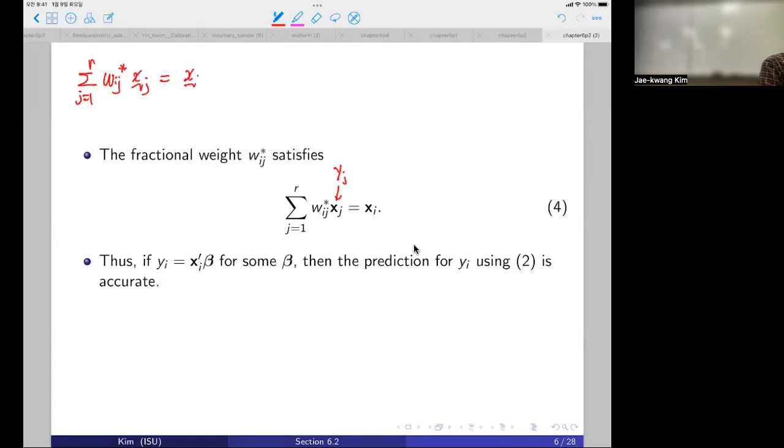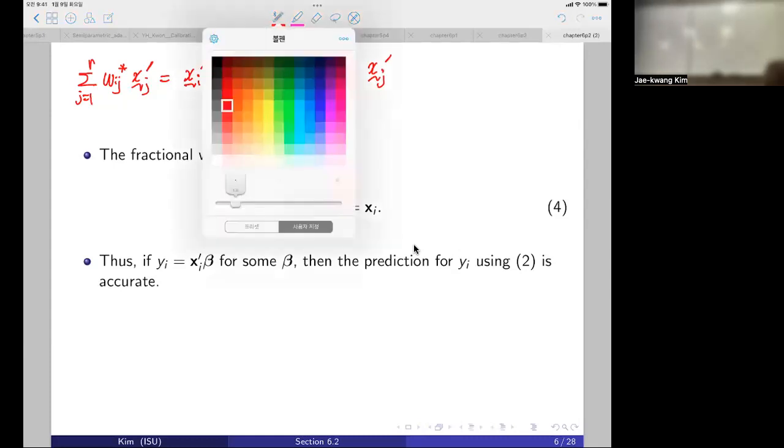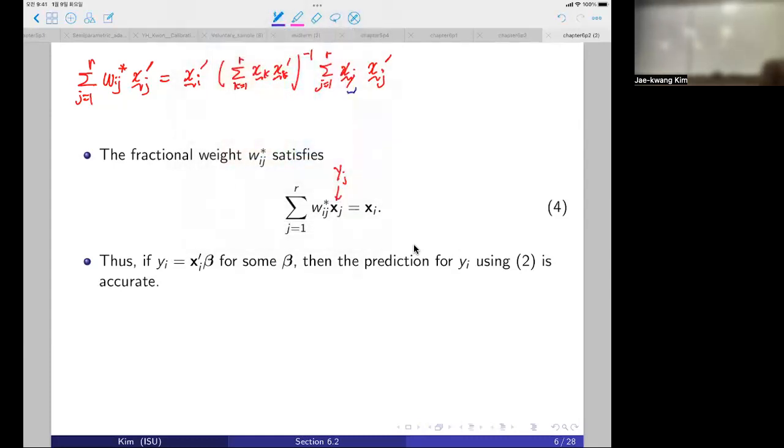So this is xi prime, summation over k, xk prime inverse, summation j equal to 1 to r xj. So we can use xj prime, right? Because this whole term is actually equal to this.